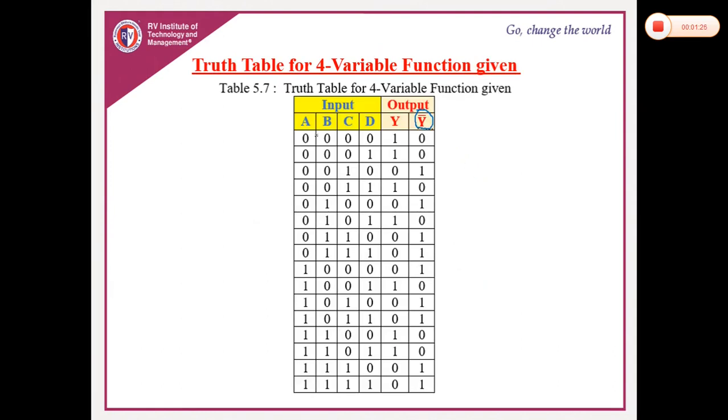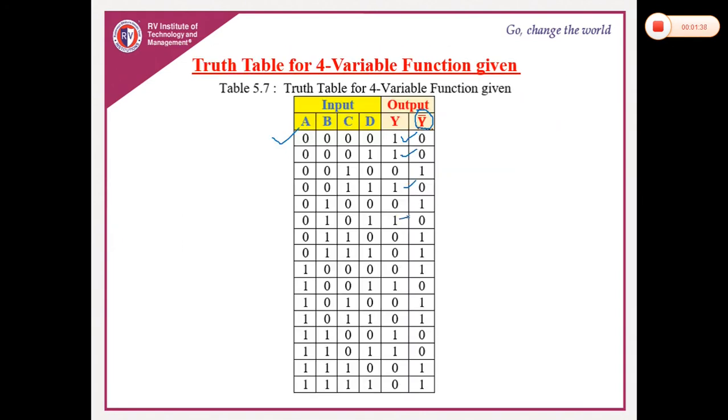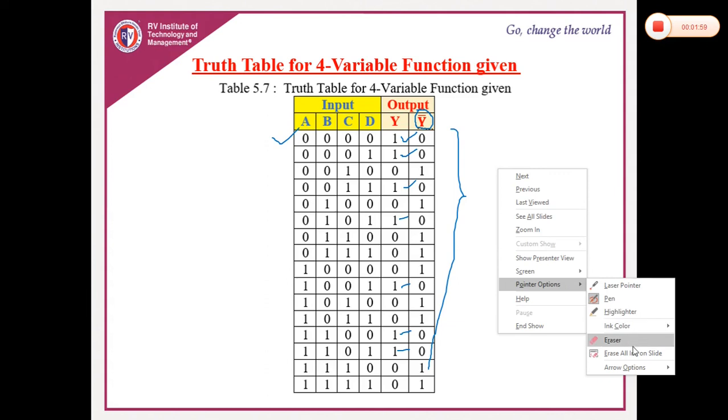Now, whenever the input is 0 0 0 0, for 0, 1, 3, 5, then 9, 12, 13, these are output 1, remaining things are 0, and its exact opposite you have to write as the negated Y bar output.